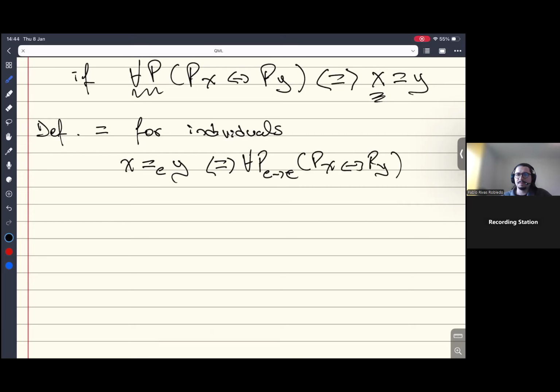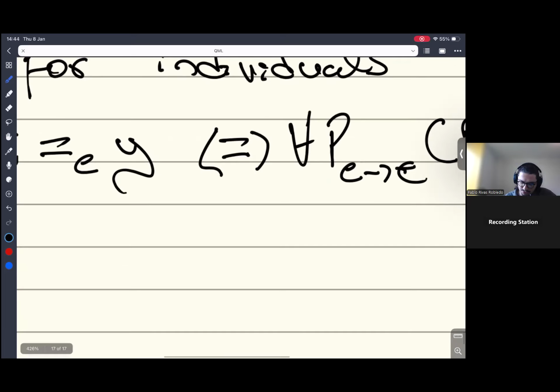So notice something very important: this here and this here are different, but only with respect to two symbols. This one is of type e to t, meaning all the predicates that are there for e. And this one we have just entities.